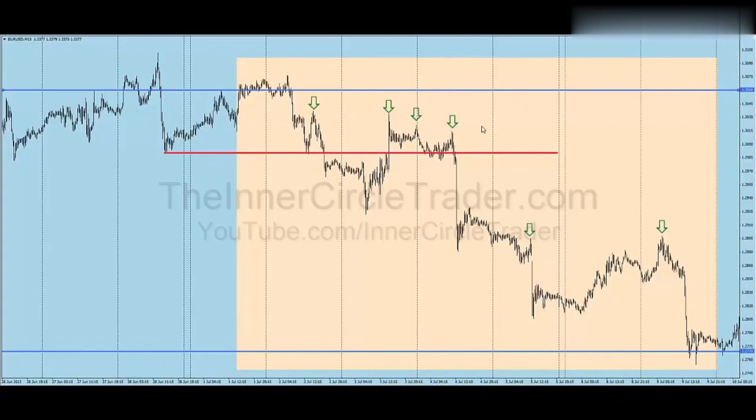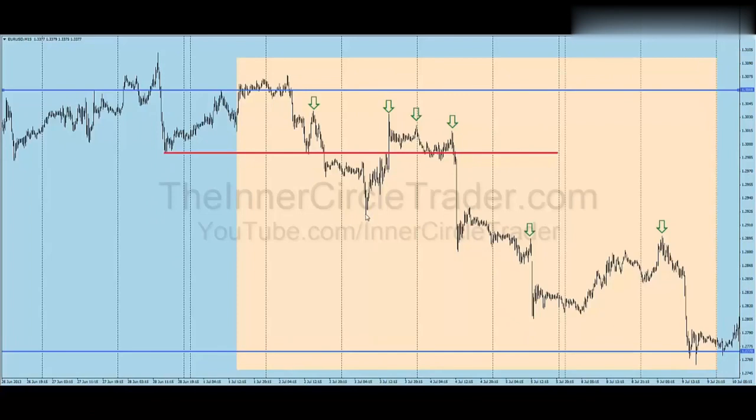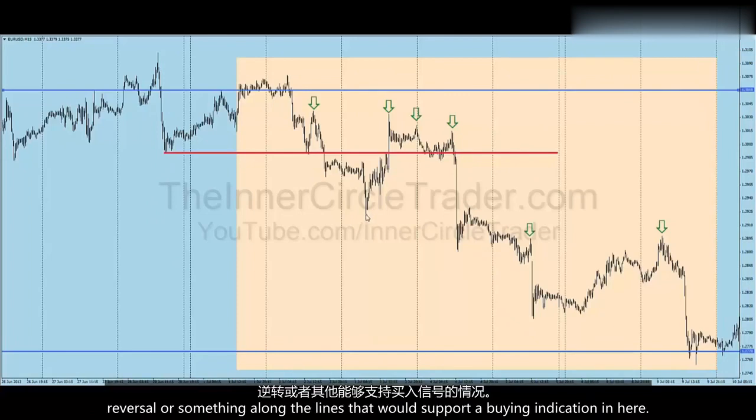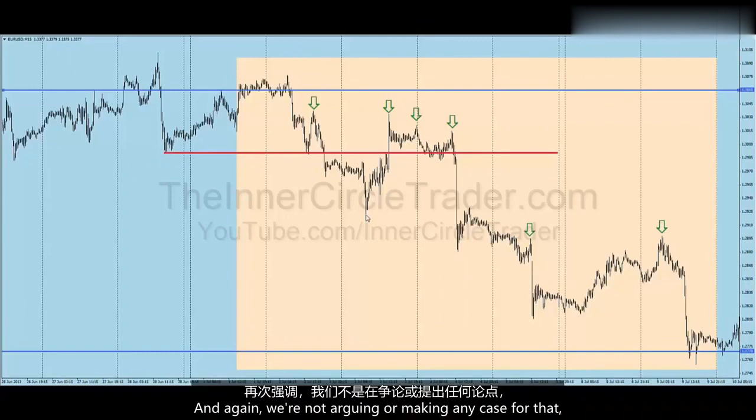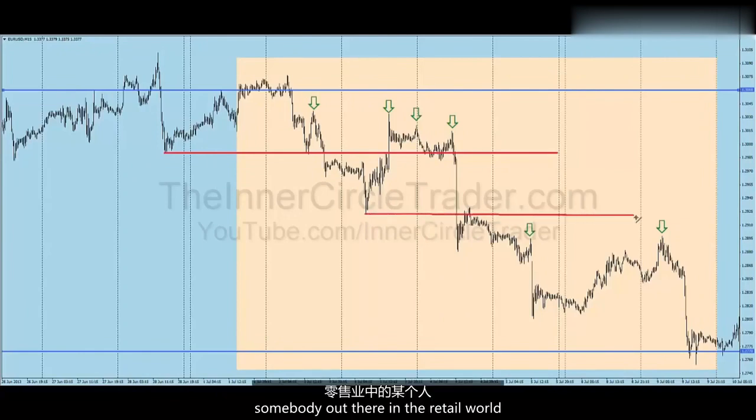So what do we see? Displacement. Price is now driven lower. Those who would have been trading whatever their idea of a climax reversal or something along the lines that would support a buying indication in here. Again, we're not making any case for that, but we're just going to assume for a moment that somebody out there in the retail world assumed that level was probably a good area to buy.